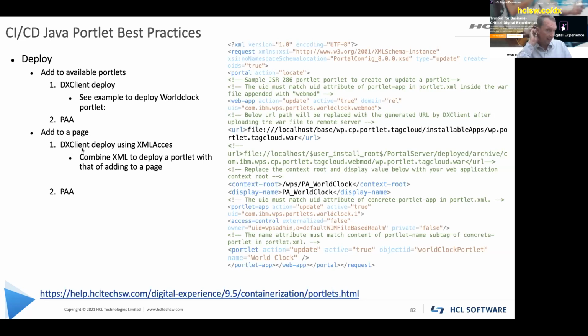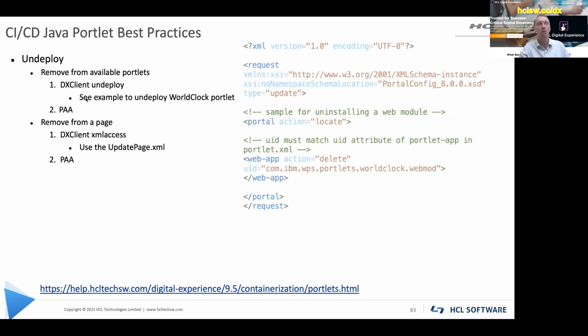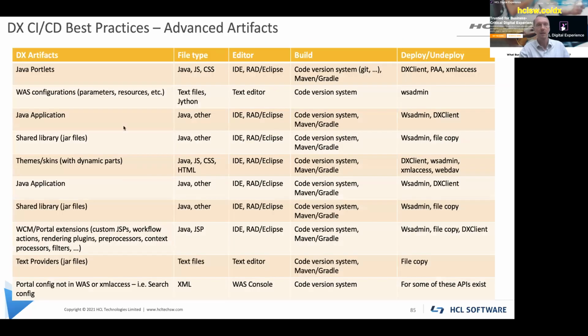Actually, in that case you would use an XML access, which indicates that you have to deploy the application but also add it to a page, so it can be part of the XML access, or again, put it into a PEA. And for undeploy, use the DX undeploy, and remove it from the page. You can actually directly use the XML for the page, with an example of the update page for that.